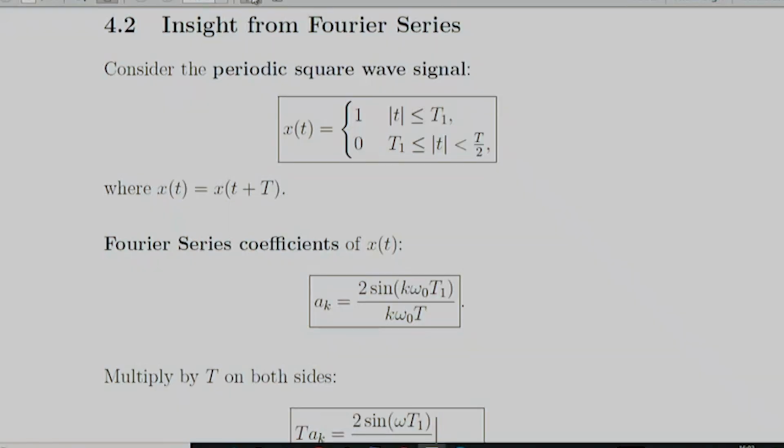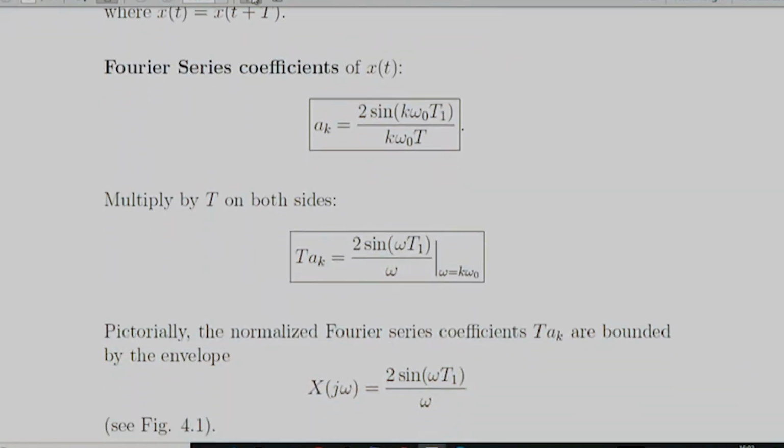And now what we say is, okay, given that, let's play a little trick here. Let's look at this expression, there's a common form to this. In fact, the Fourier series coefficient at the kth harmonic, at k omega naught, is what I get if I take this function right here, which is now a function of continuous frequency, 2 sine omega T1 divided by omega, and I just evaluate that at the harmonic, at k omega naught.